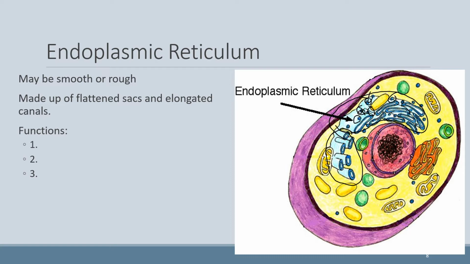Our third function is storing and releasing calcium involved in muscle contractions. If you have watched the muscle physiology lecture, which was for yesterday, you would have heard about sarcoplasmic reticulum in the muscle. Sarcoplasmic reticulum is the endoplasmic reticulum for a muscle itself.